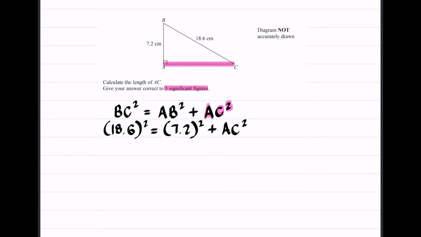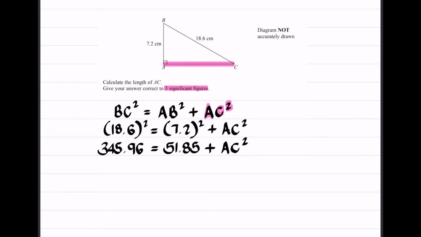So 18.6 squared is equal to AB's value, which is 7.2 squared, plus AC squared. So now I have 18.6 squared, which gives me 345.96, equal to 7.2 squared, which is 51.85, plus AC squared.